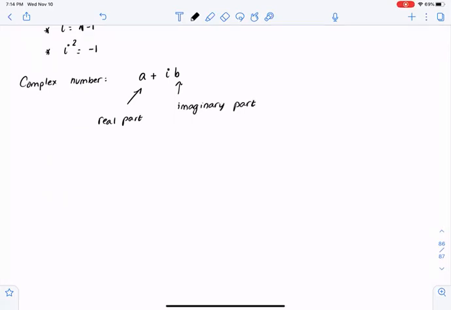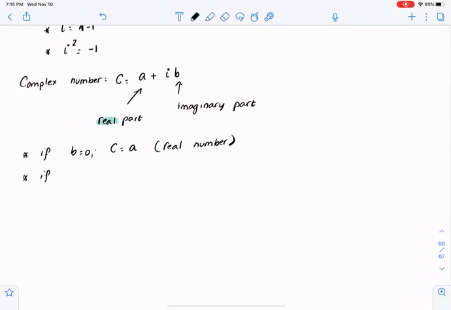The reason being, if b is 0, I'll call that number c, c would just be equal to a. There is no imaginary part, so the number becomes a real number, which is why we call it the real part.